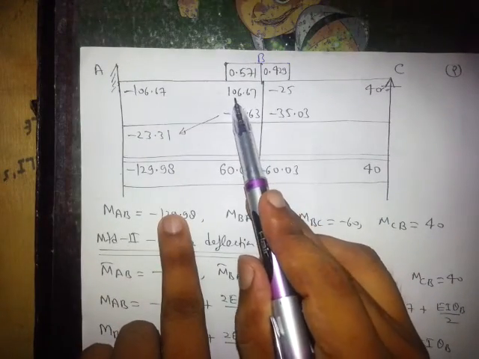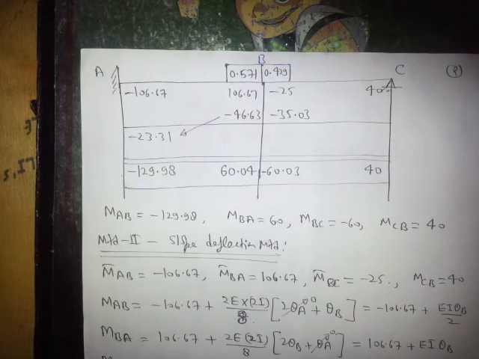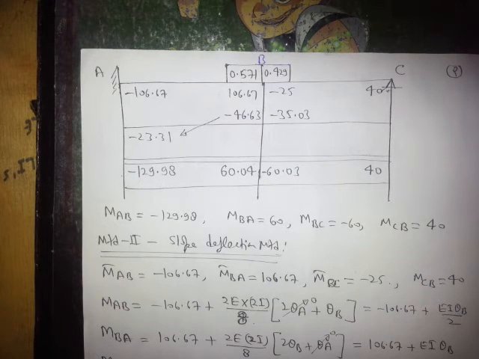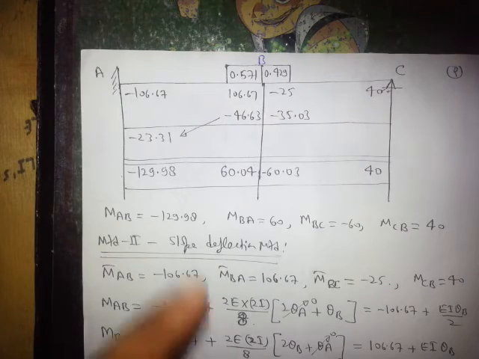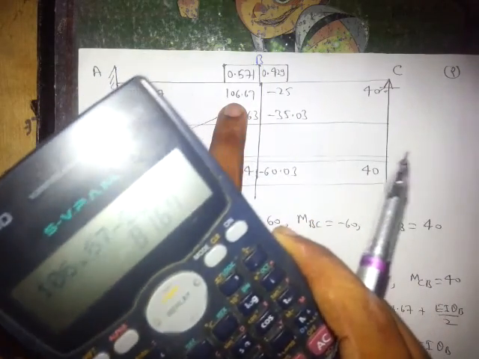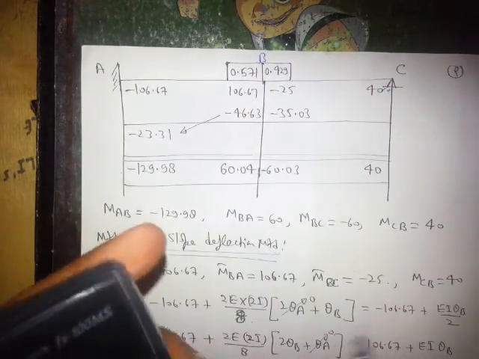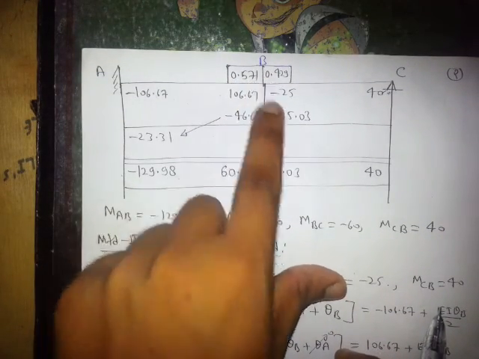Now you will see that 106.67 minus 25, add these two, the value is 81.67. So plus 81.67 is unbalanced, so we will apply minus 81.67, and its 0.5 will be given to this and 0.4 will be given to this.